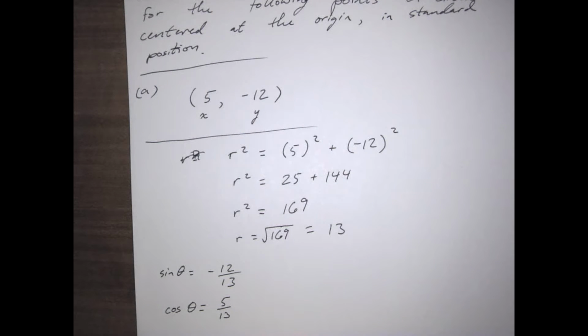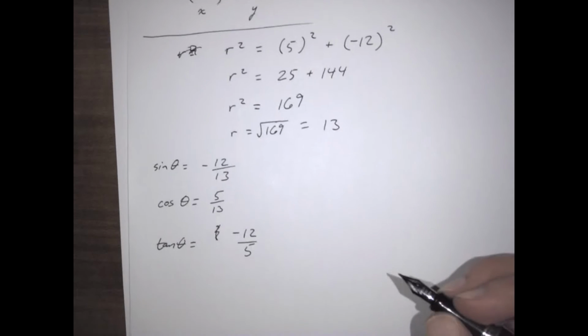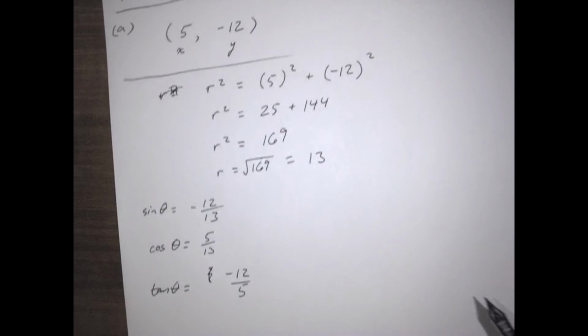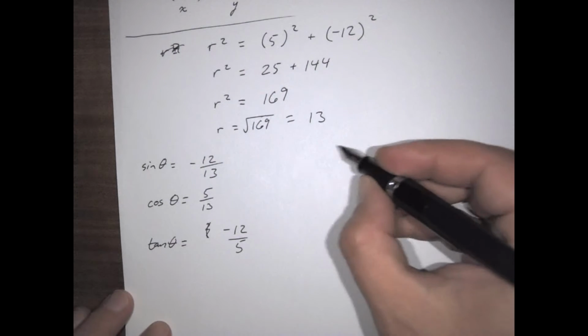Tangent is equal to sine over cosine or y over x, whatever is the most convenient. So we'll just go negative 12 over 5. That seems like the most convenient form. Rather than setting up some big fraction that needs to be simplified, we'll go straight to this one.